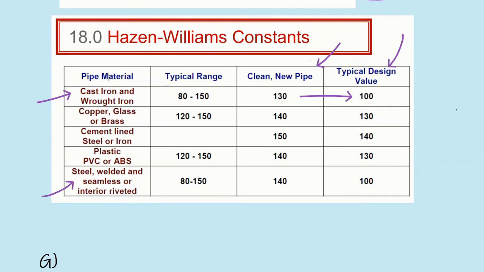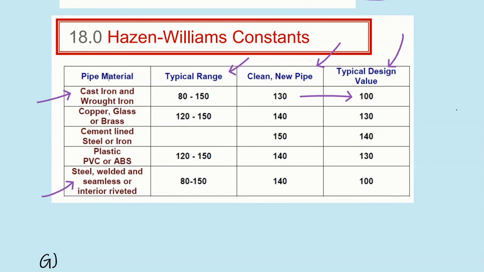Normally in your problems, it will specify if you're doing this for clean new pipe or the typical design value. You can see the ranges on the right here, what you would see normally. It could be anywhere from 80 to 150, but for designing, you usually use the typical design value.